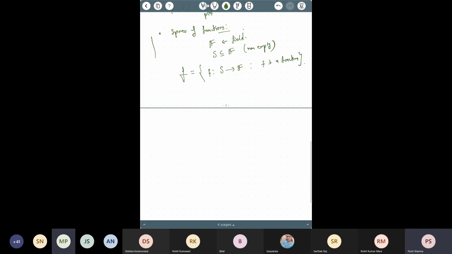So you are saying that under composition it won't be, but then you have to give an argument why. Sir, composition may not be commutative. Yes, so it may not be commutative. Therefore, under composition and scalar multiplication, this doesn't form a vector space because composition is not commutative in general.